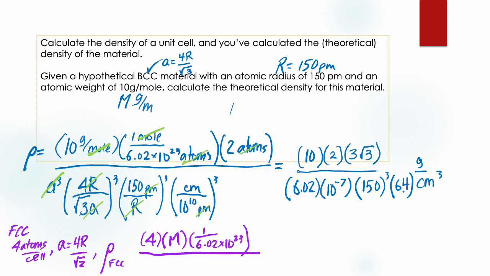All of that divided by 4R over square root of 2, all cubed, that's A cubed, and my R value cubed, and 10 to the minus 30.